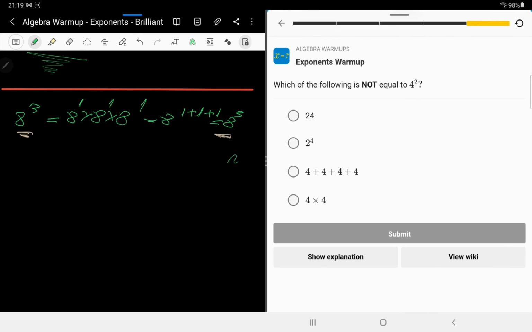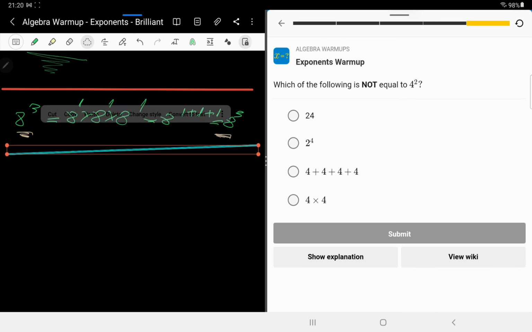Since this is another problem, let's draw a straight line. Let's again be consistent.